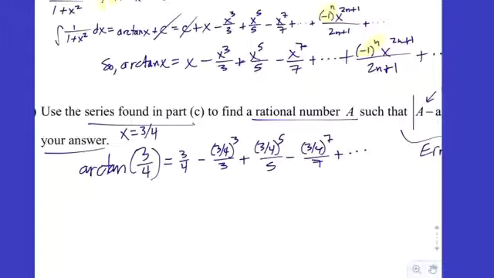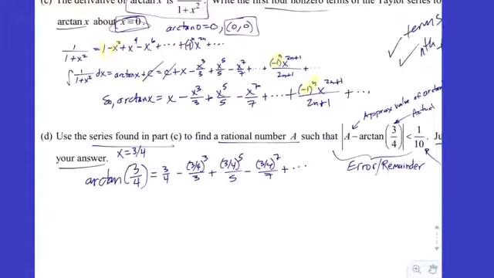3/4, by the way, is between -1 and 1, yes? So 3/4 is easily on the open interval. So for infinitely many terms, the polynomial on the right is going to be an exact value for arctangent of 3/4. The problem is we can't go out infinitely many terms, can we? So here's what we want to do.